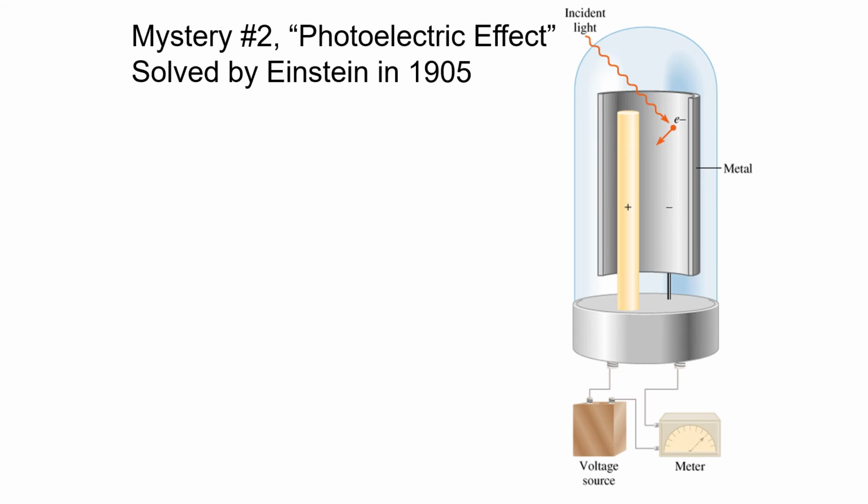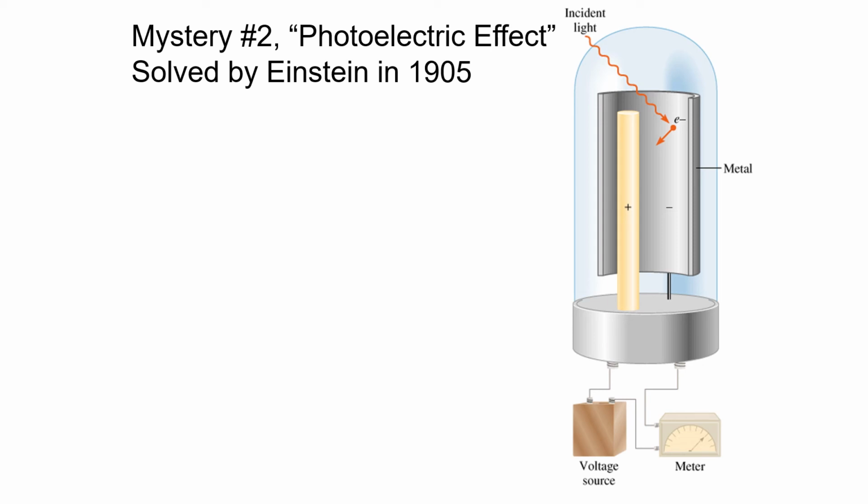Okay, the second phenomenon that couldn't be explained by Bohr's model of the atom was something called the photoelectric effect, and this was resolved by Einstein in 1905. And it was observed that light shining on certain metallic surfaces caused the surface to emit electrons or photoelectrons.